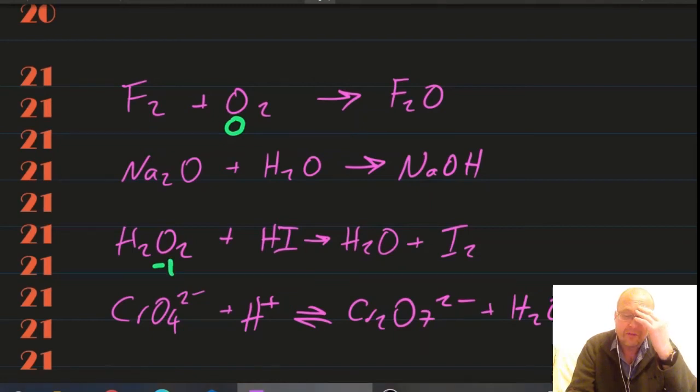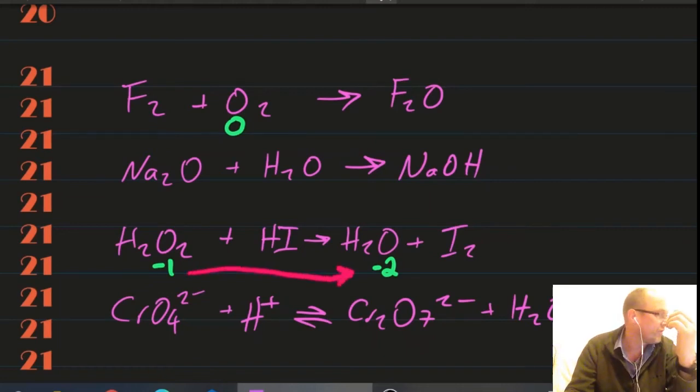So that's an exception. And in water, oxygen is -2. So I think that's it. It goes from -1 to -2. That's reduction. Is that what they want? Yes. Ooh. So they're asking about the exception there.